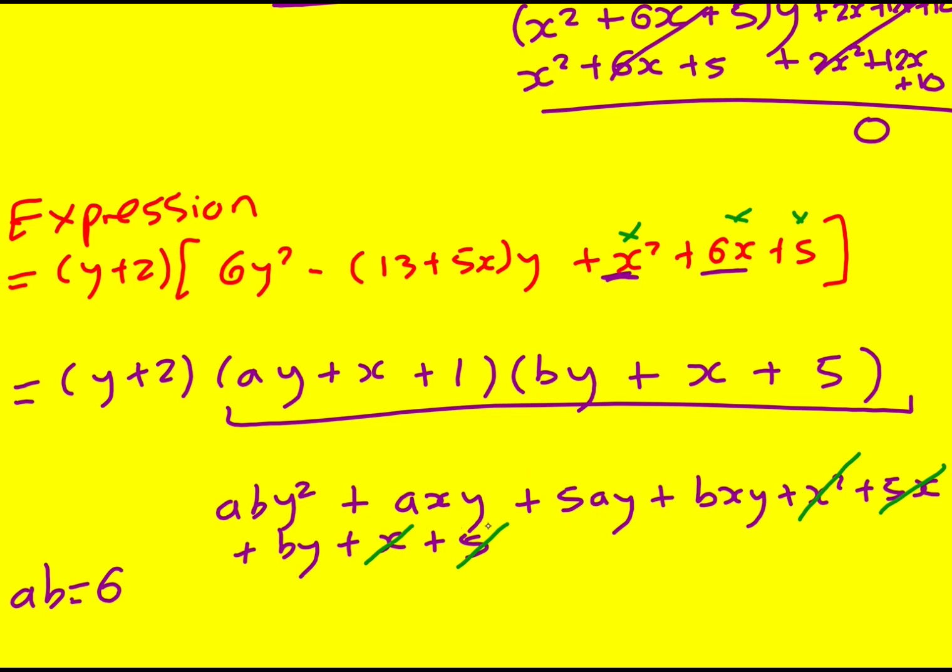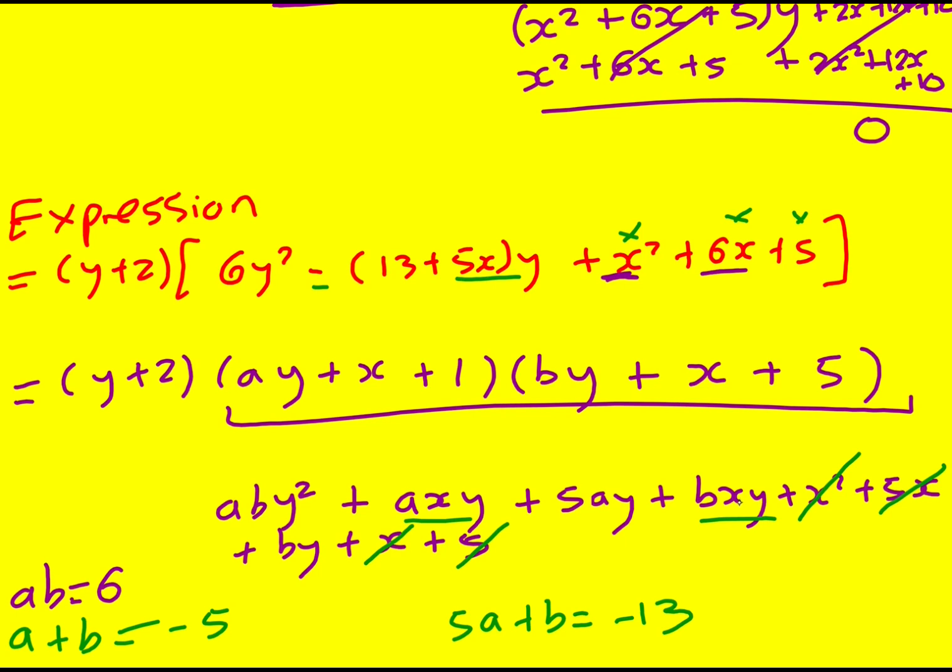Now what else can I see? I've got A plus B, that's my AXY plus my BXY. That's going to equal minus 5. And then I've got the Y term, so 5A plus B is going to equal minus 13.